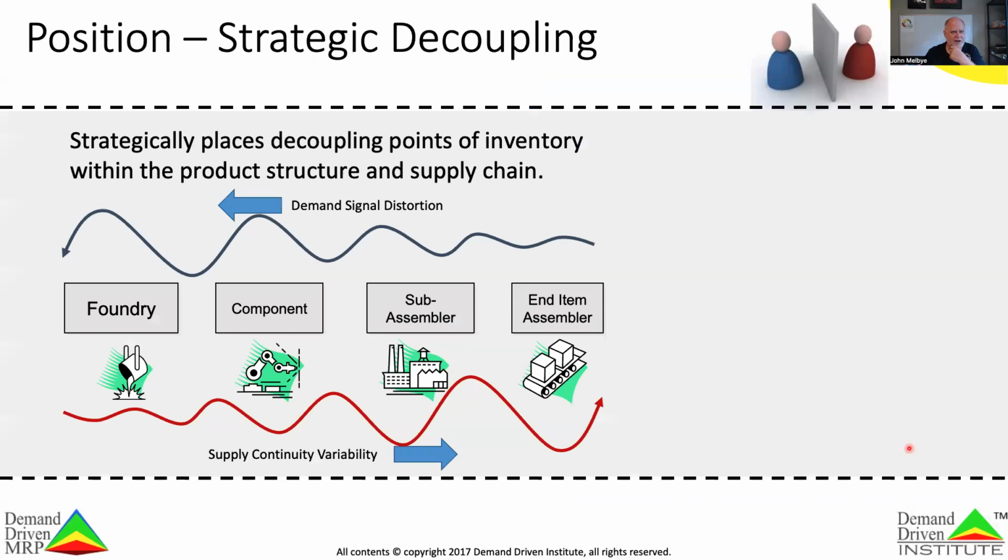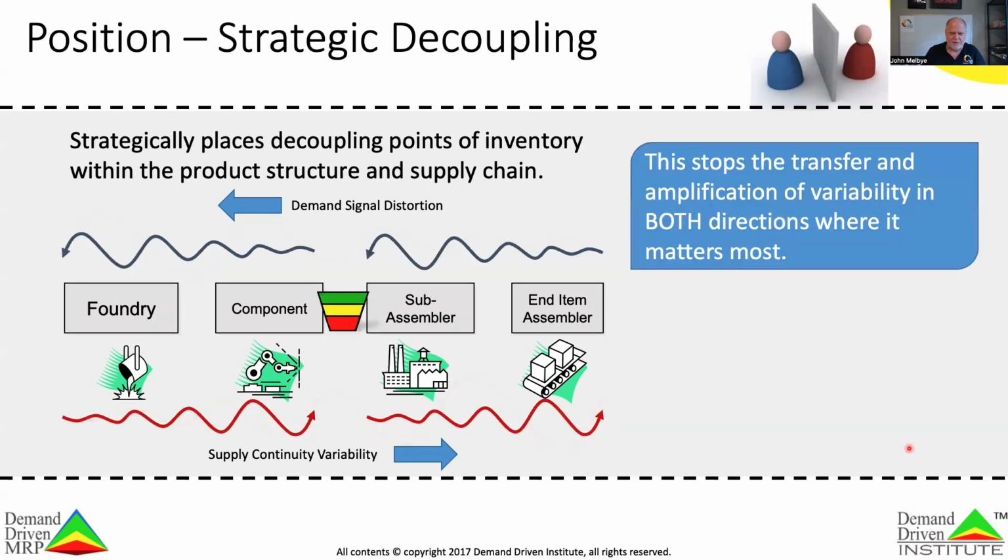Now, let's talk about the first step of DDMRP, which is position. We need to strategically decouple. And decoupling means we're disconnecting the rate of supply from the rate of use. We're putting a break in there. How do we do that? Here's your introduction to the DDMRP buffer symbol, this little bucket with red, yellow, and green in it.